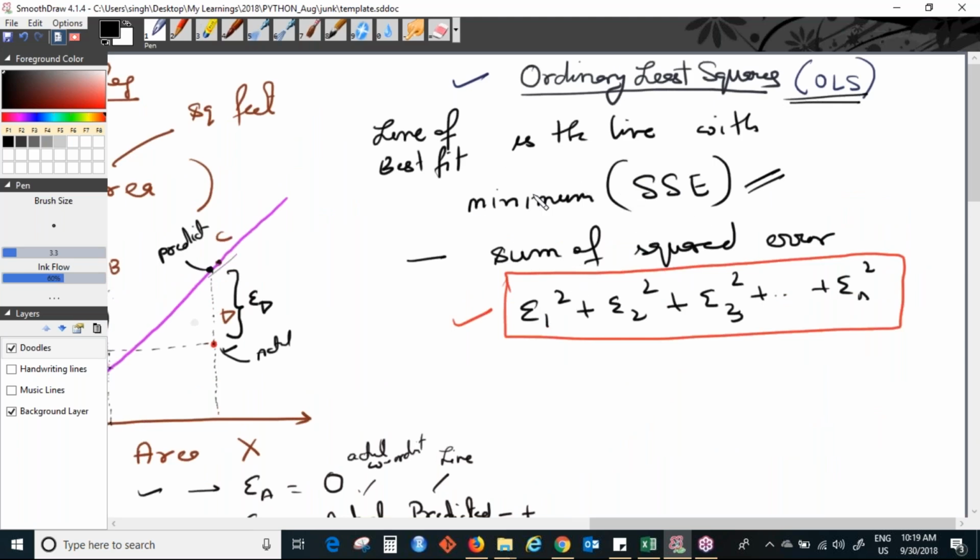So always remember this. Okay, so the ordinary least squares algorithm tells us that the line of best fit is found by minimizing the sum of squared error. Okay, is it clear?